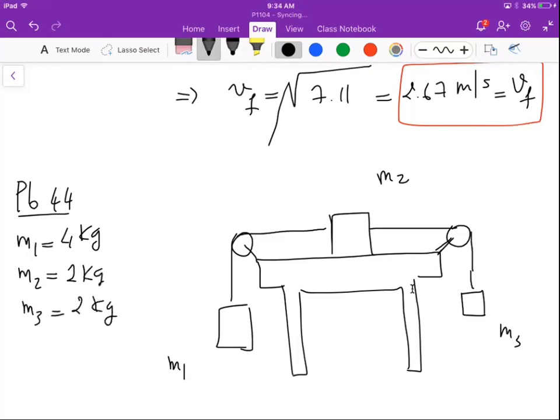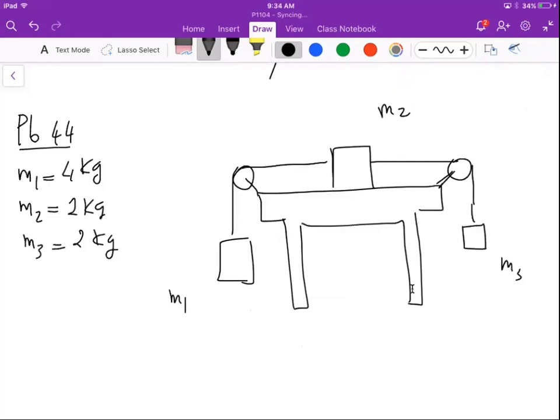Now let's discuss a little bit how the system will move. M1 is the biggest one, this is the 4 kilogram, this is the 1 kilogram and this is the 2 kilogram.